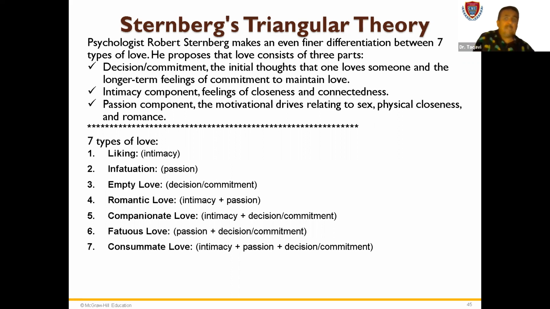If you have intimacy and passion, but no commitment, it is romantic love. If you have intimacy and commitment, it is companionate love. If you have commitment and passion, it is fatuous love. And if you have all the elements of love, passion, intimacy, and commitment, it is consummate love.